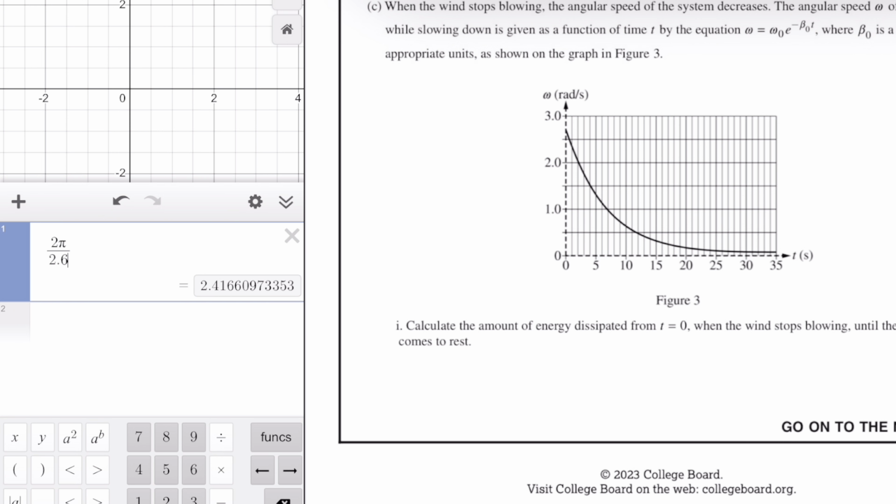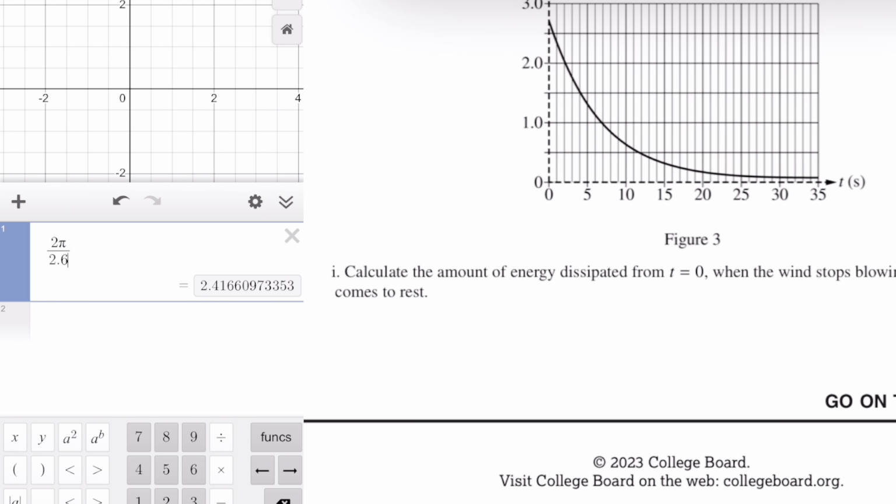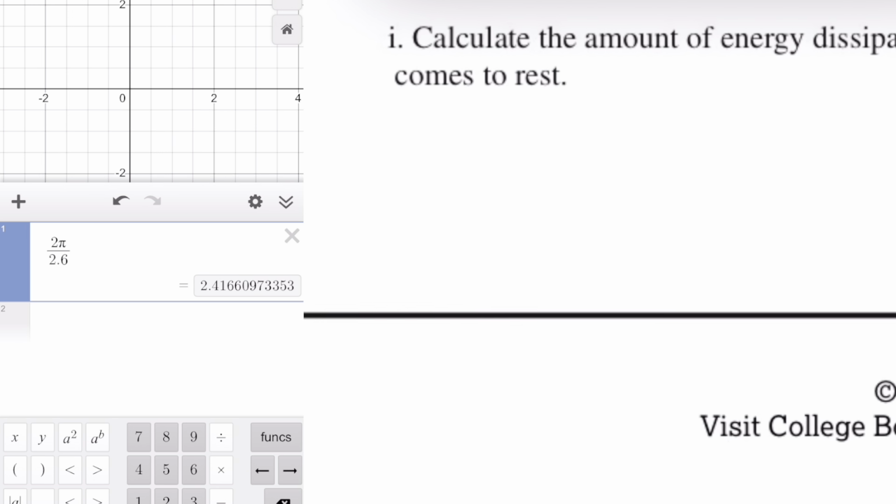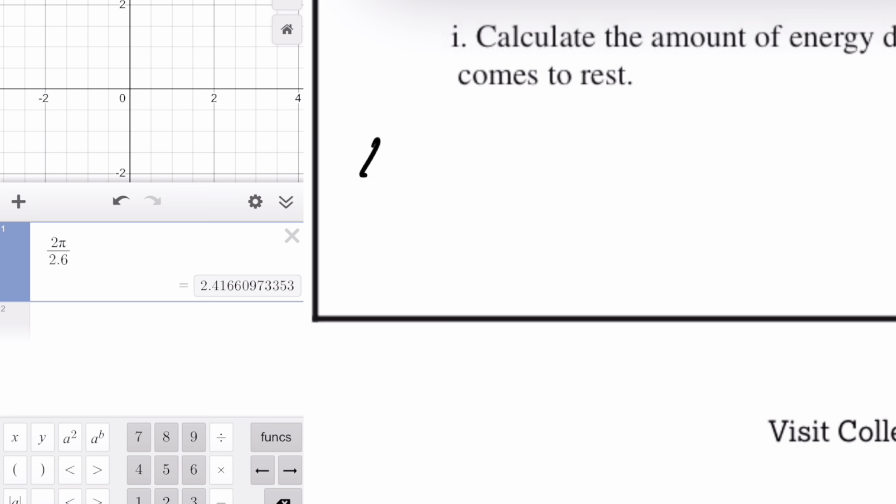So it's going to say calculate the energy dissipated from t equals 0. Okay, so the energy dissipated when the wind stops blowing until the system comes to rest. So this is when the wind stops blowing, and this is somewhere when the system comes to rest. We're going to have to realize that E dissipated is equal to the change in mechanical energy.